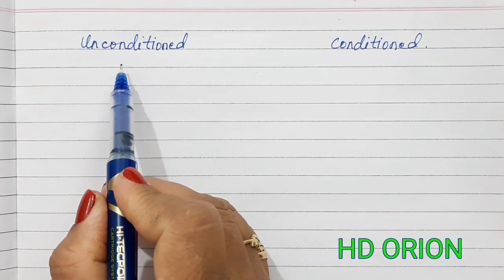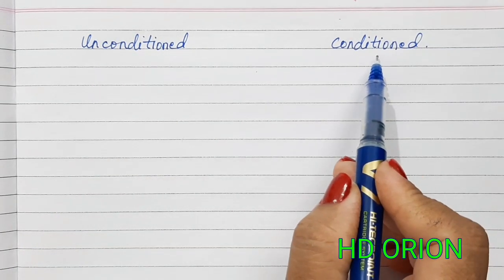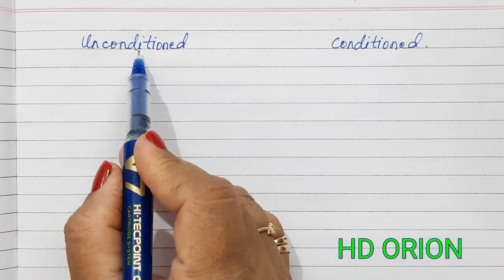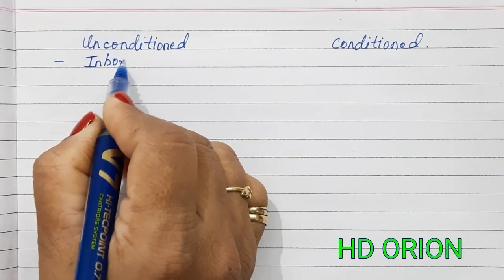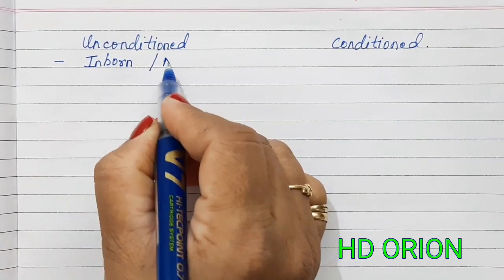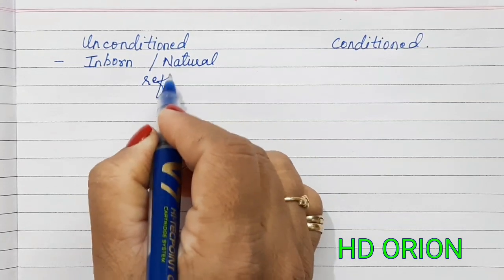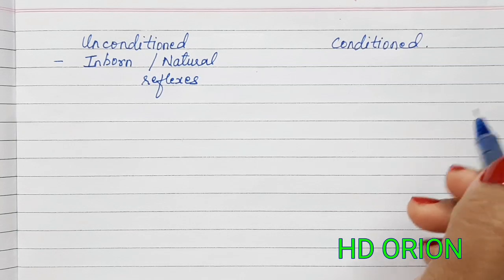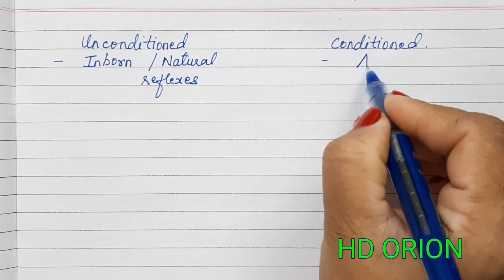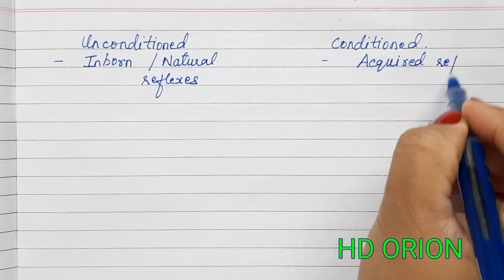Let us study the difference between the two types of reflexes, the unconditioned reflexes and the conditioned reflexes. The unconditioned reflexes are present right from birth. So we also call them as inborn reflexes, or natural reflexes, while the conditioned reflexes are acquired later in the lifetime. So we also call them as acquired reflexes.